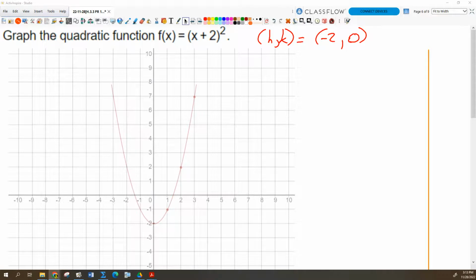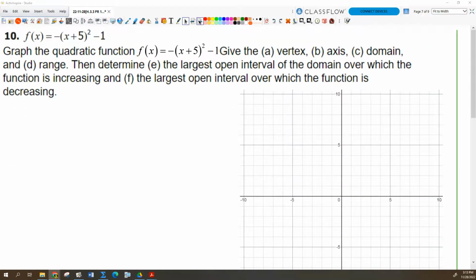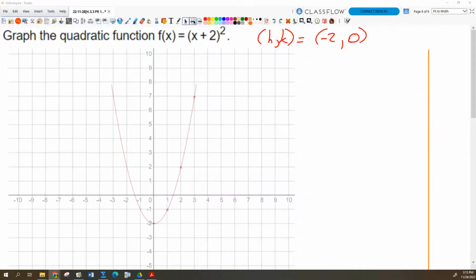Okay. What's the value of a? 1. So I'm done, right? I don't have to stretch this thing at all. That's it. Okay. I think you're supposed to move it left. Oh, did I move it the wrong way? Oh, you're right. Right there. That's where it should be. There we go. Thank you.